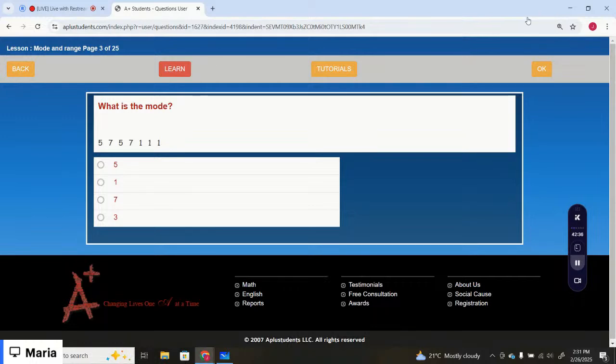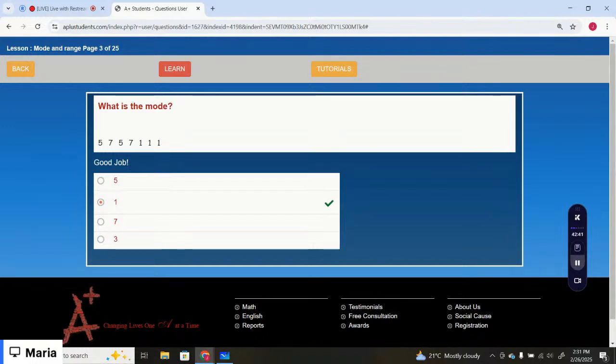Mode is 1. 1 is the number that appears the most, so the correct option is 1.